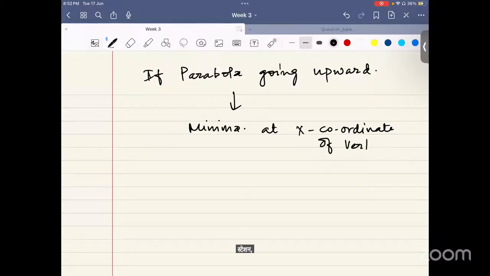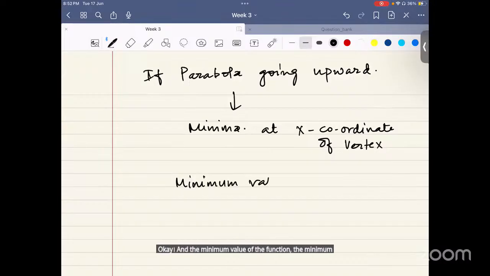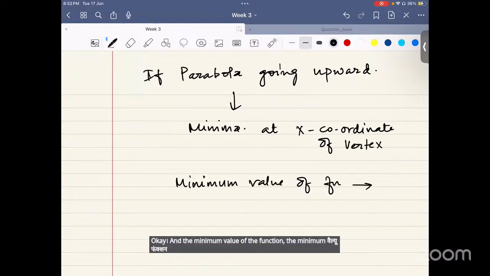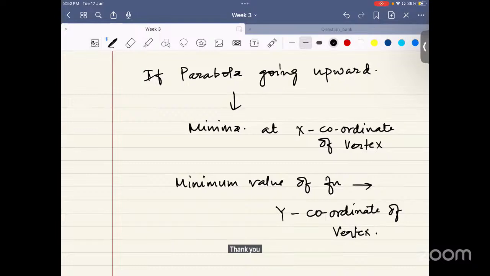Understood, sir. Okay, and the minimum value of the function is nothing but the y coordinate of the vertex. Similar thing you can write for the going downward.